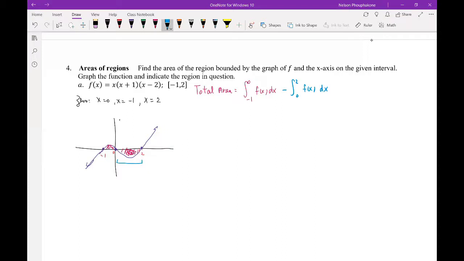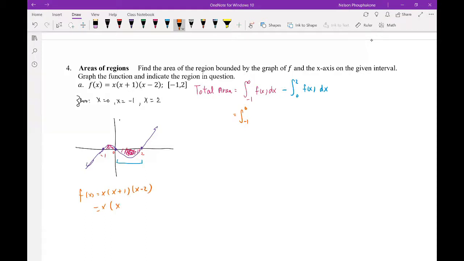Okay, so now we are going to have this. Let me modify this. So I have f of x equal to x times x plus 1 times x minus 2.